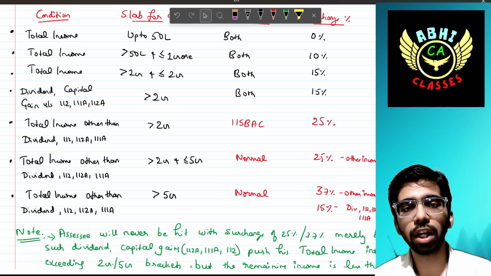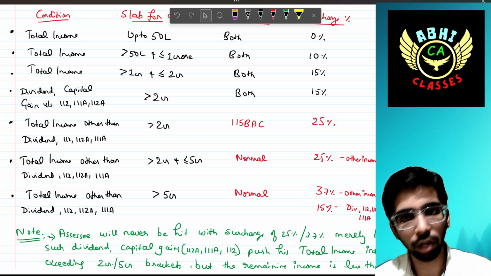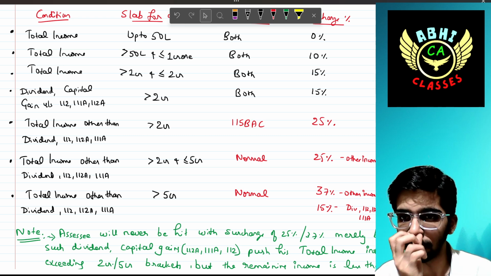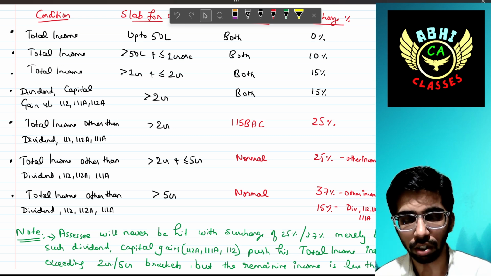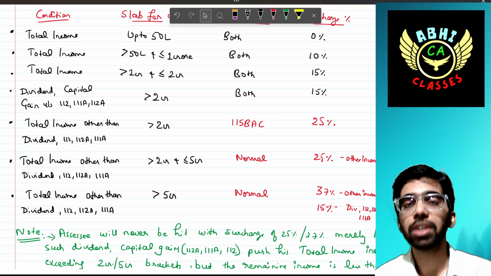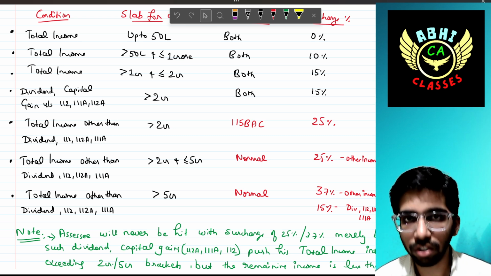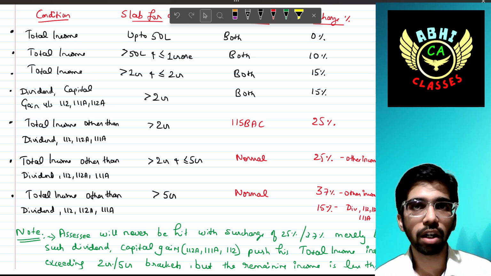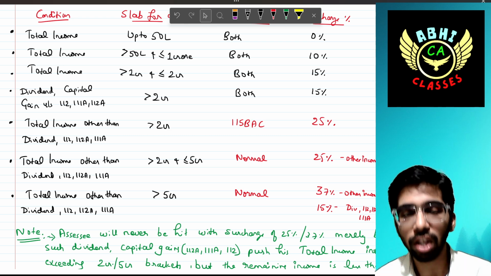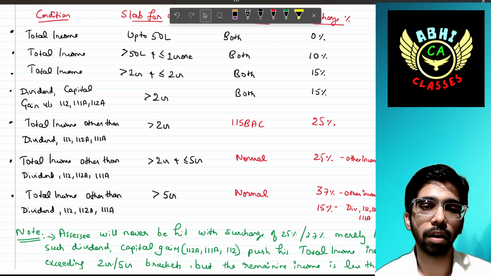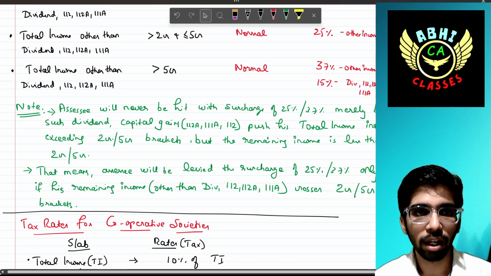Then if your income is 2 crore to 5 crore and you are opting for the old tax regime, then the surcharge is 25%. If your income is more than 5 crore, especially in case of the old tax regime, the surcharge is 37%, and for special income, 15%. Understand? Simple. But there is one note.